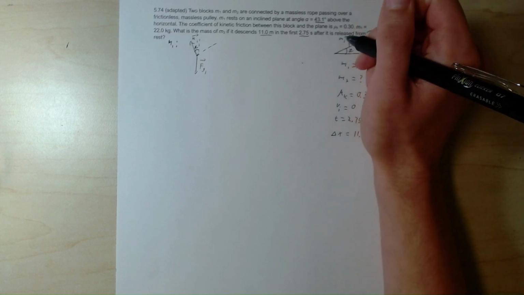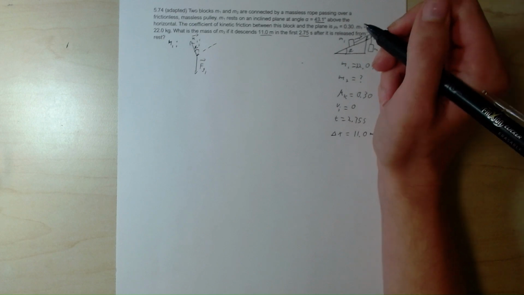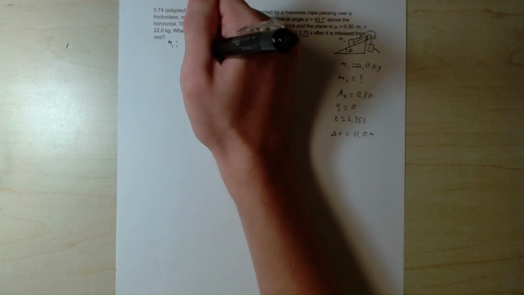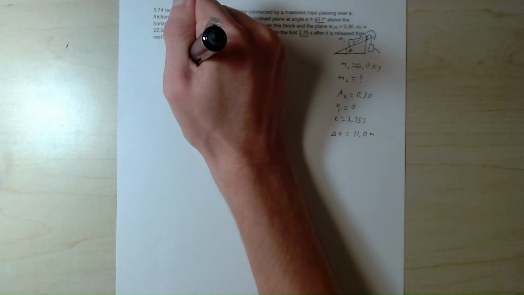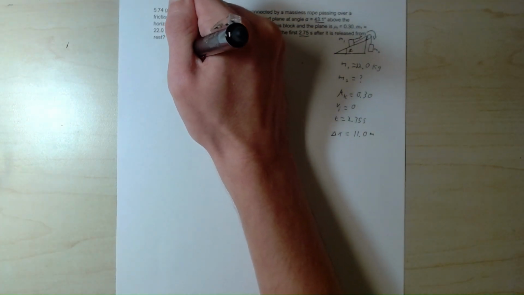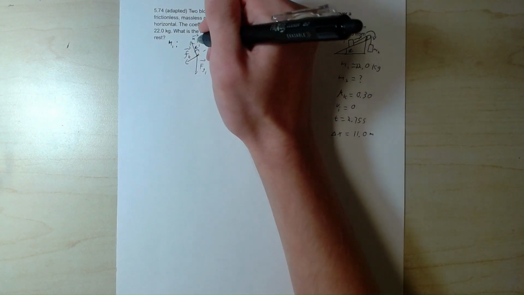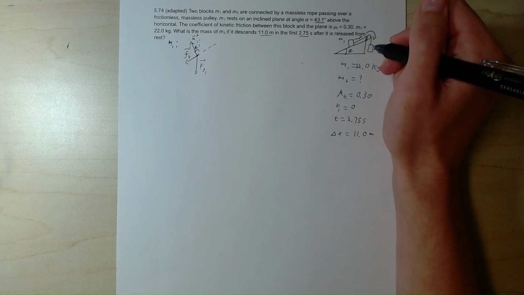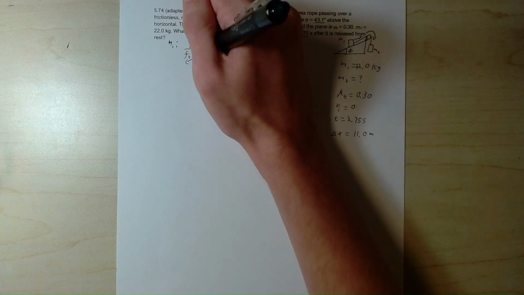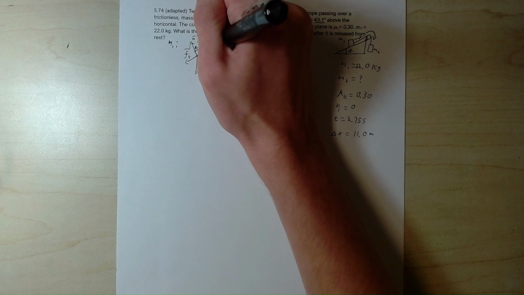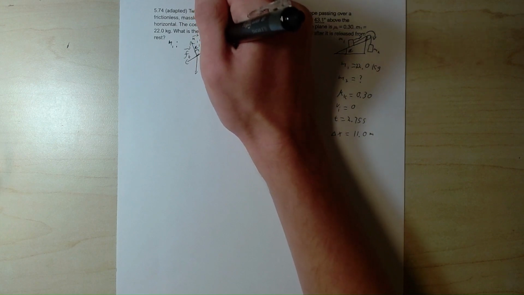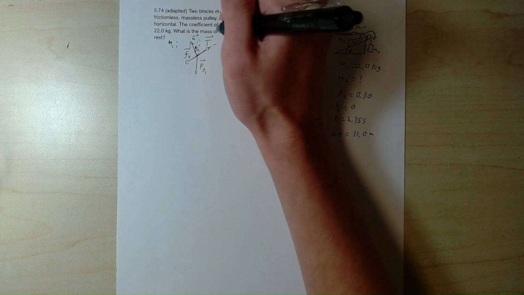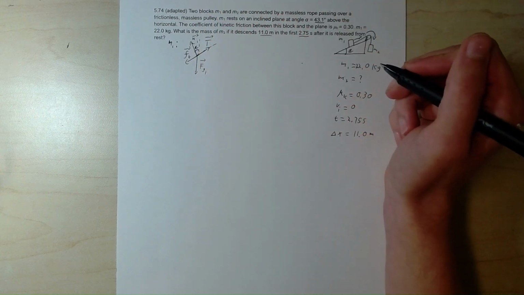So therefore, the force of kinetic friction must be acting opposite that, and therefore it is acting down the ramp. So we have our force of kinetic friction like this, which I'm going to label Fk. And then because M1 is being pulled by M2, because they're connected by a rope, we also have the force of tension this way, also parallel to the plane of the ramp, which I'm going to label T. Capital T for tension.